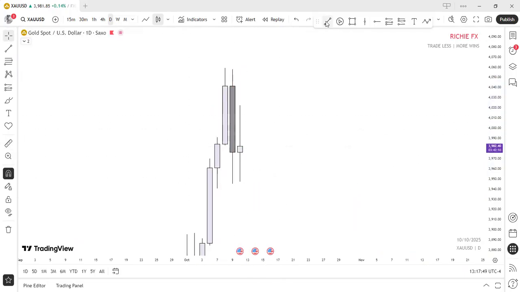So here, when it comes to SNR, you can see that they reacted from this zone. If the market reacted from this zone, we need to look for opportunities to buy. Why are we looking for opportunities to buy? It's because the market is bullish. So if the market is bullish, we shall expect some buys from this zone that they reacted to. Then we continue with the buys.